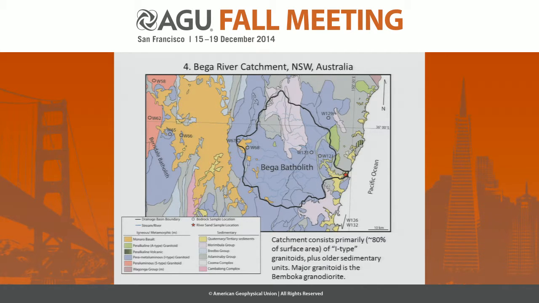So the black circles are our bedrock sample locations, and we sampled the sediment near the mouth of the river to try to maximize the drainage basin sampled. And just one more thing to note, there is also a small volume of peralkaline A-type granitoids in the catchment.